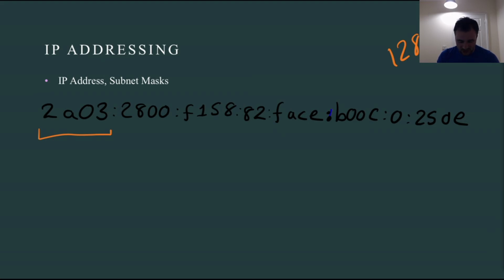So if we have 1, 2, 3, 4 blocks, and draw a line here, and we allocate this as our network portion, and say this portion is going to be our host, we've literally cut our IPv6 address in half, and we said that's a /64.